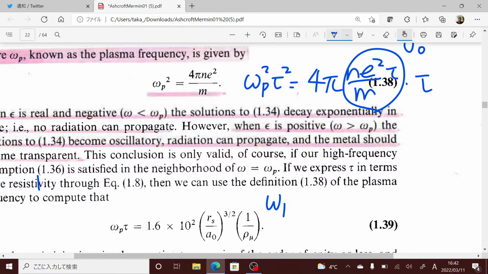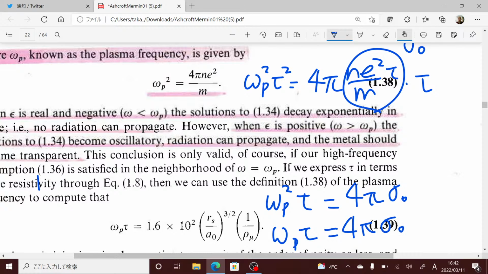Omega p square tau is like 4 pi sigma 0. Then omega p tau equals 4 pi sigma 0 divided by 4 pi n e square.